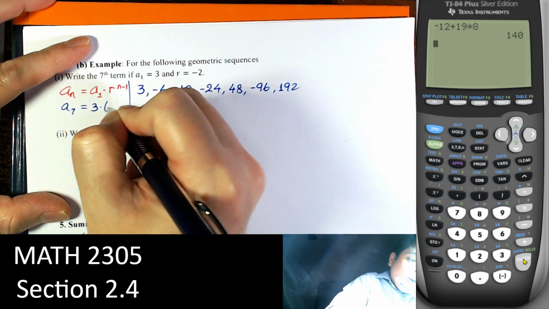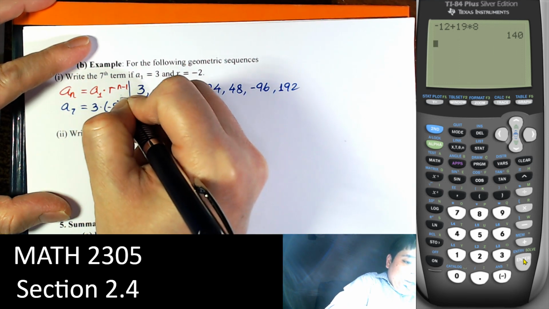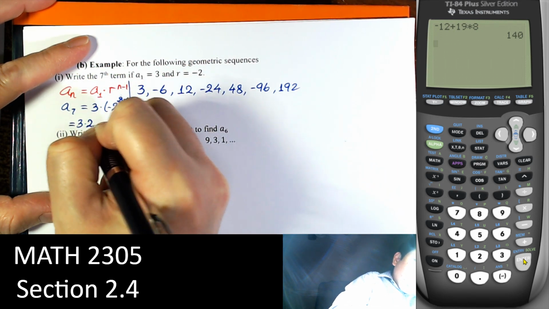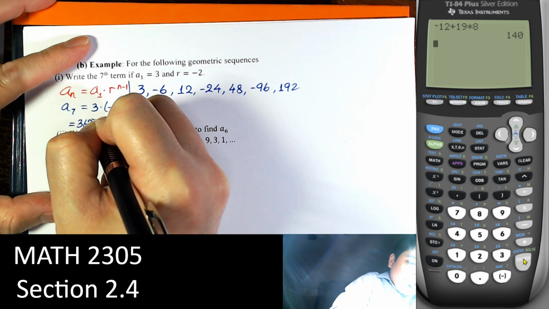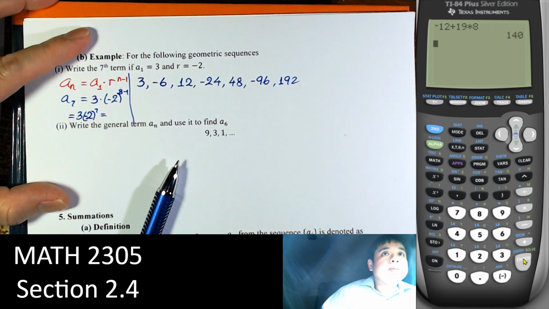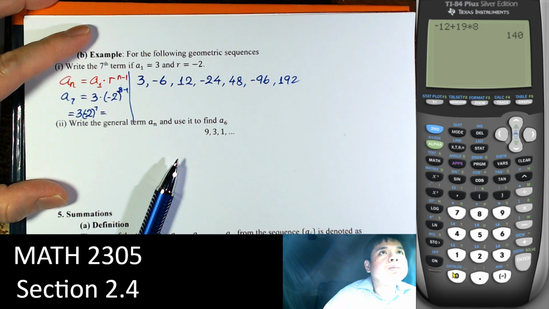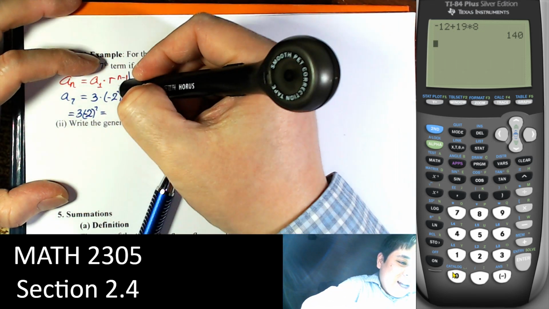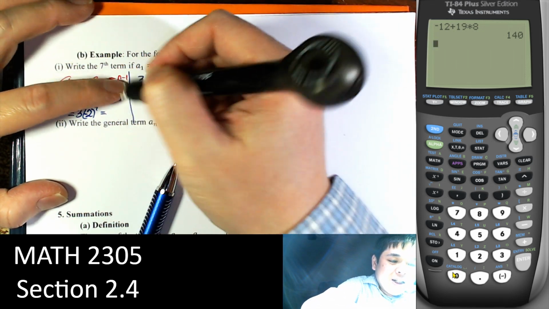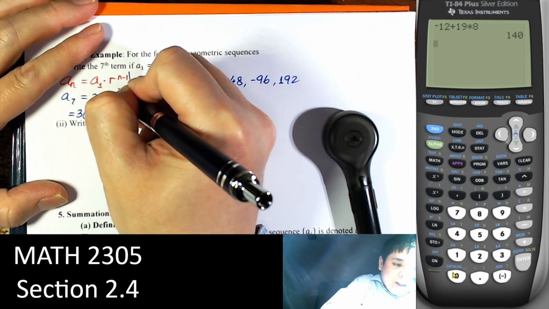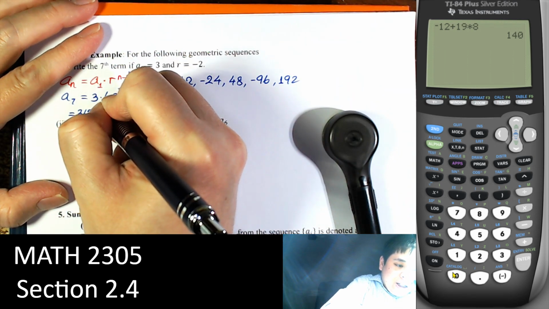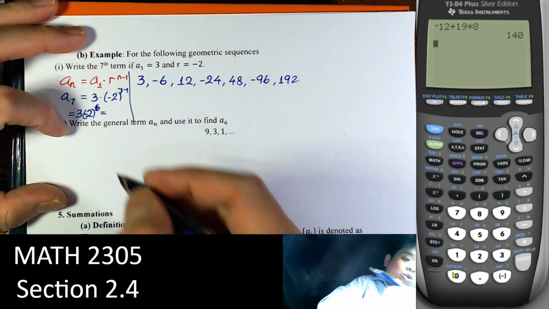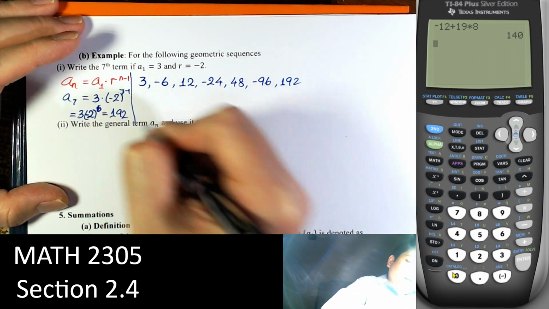The common ratio is negative 2 to the n minus 1. I'm sorry. Put 7 in for n. That is 6. Negative 2 to the 6 is 64 times 3, 192. So either way, we have that.